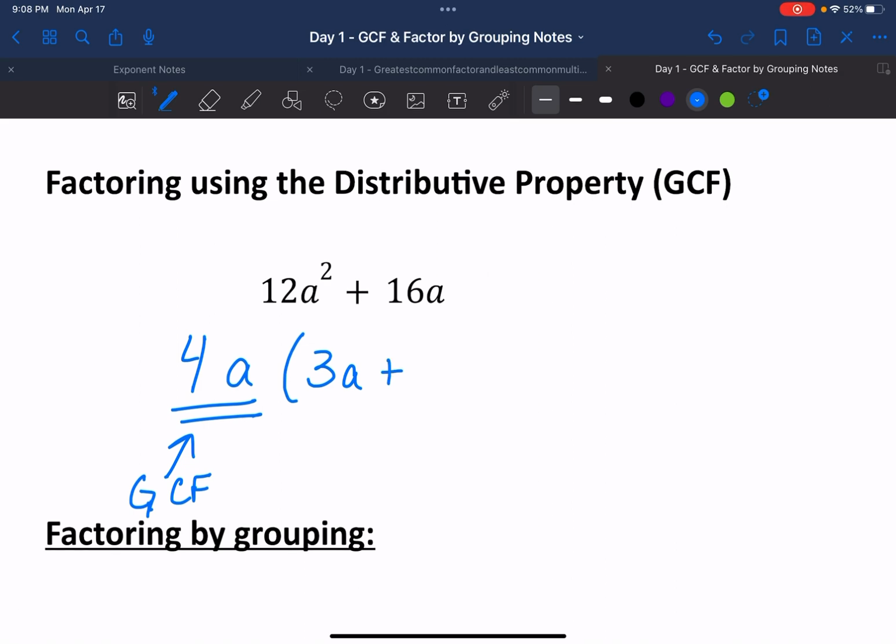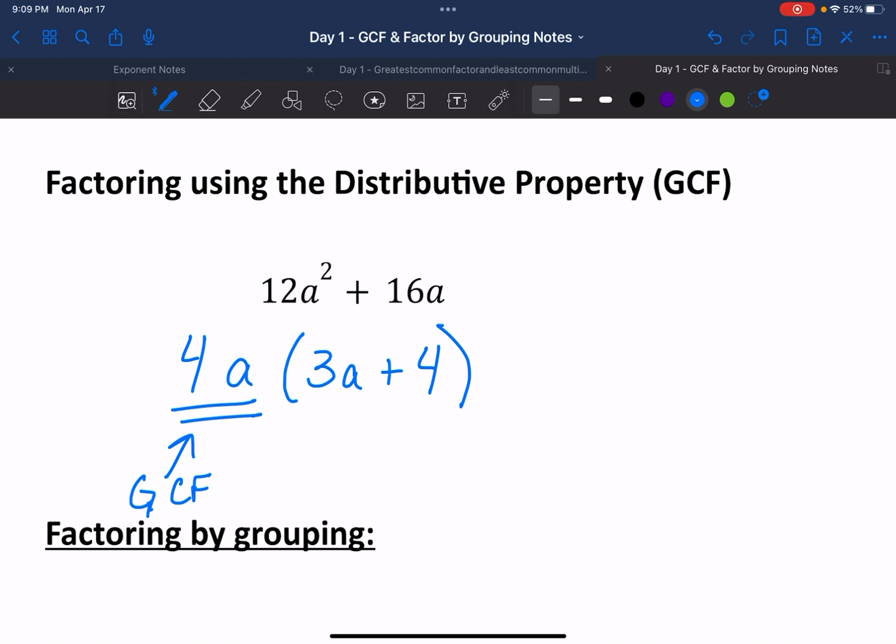Now let's look at 16A. 4 times what number is equal to 16? Well, if you use your cheat sheet, you can see that 4 times 4 is 16. But are there any A's left over after I took out the A? No, there's not, because my A is now out here. It's a greatest common factor. So I've now created a new equation, 4A times 3A plus 4.